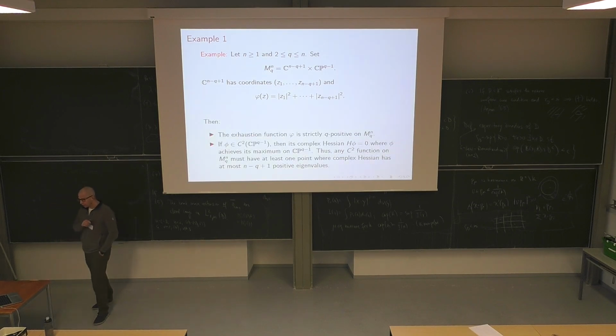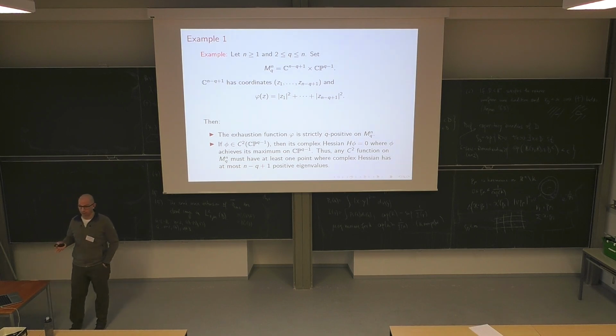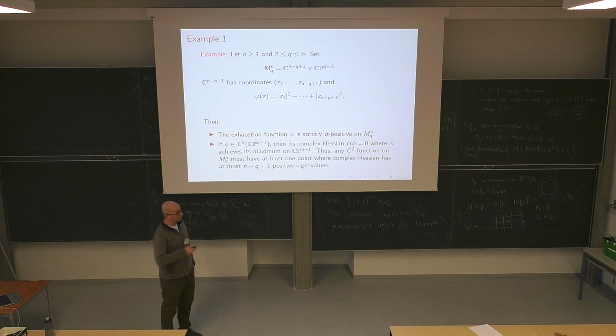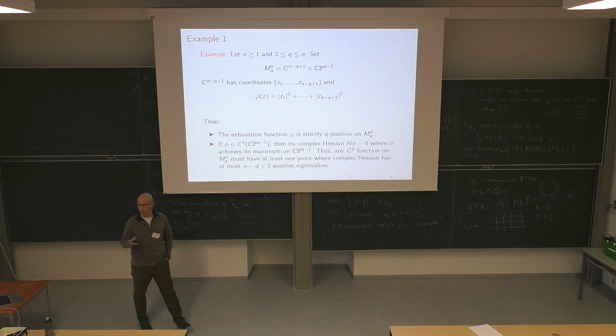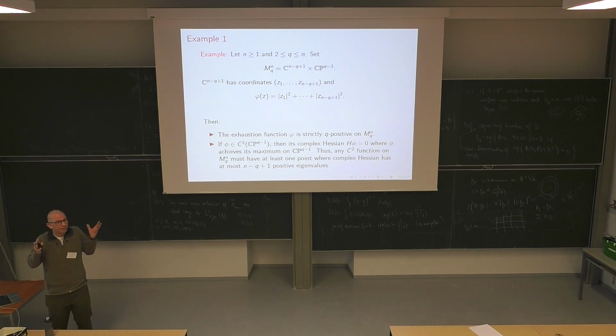And then φ, the exhaustion function, is strictly q-positive on M_{n,q}. And we can't do any better than that because the other coordinates are coming from CP^{q-1}. So here is an example where the kinds of hypotheses we want are satisfied, and you can't say, oh, this is actually a Stein manifold that you're just not seeing, okay?